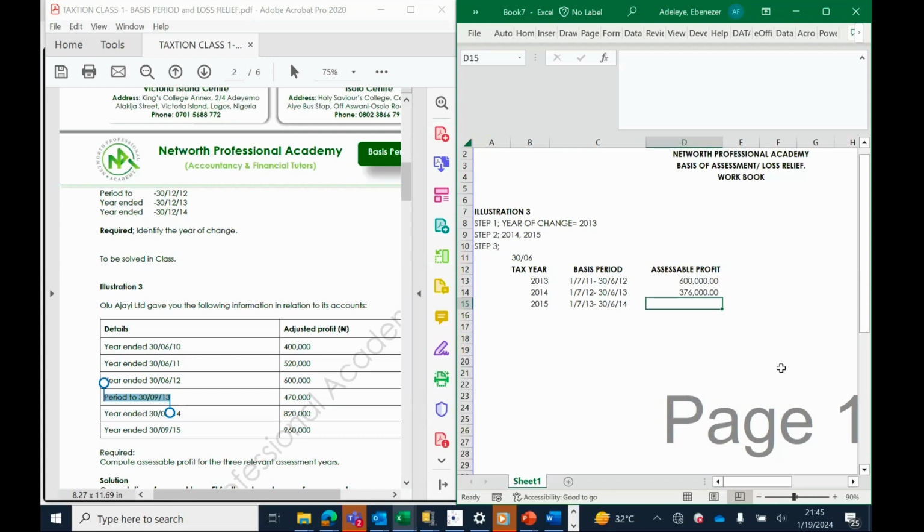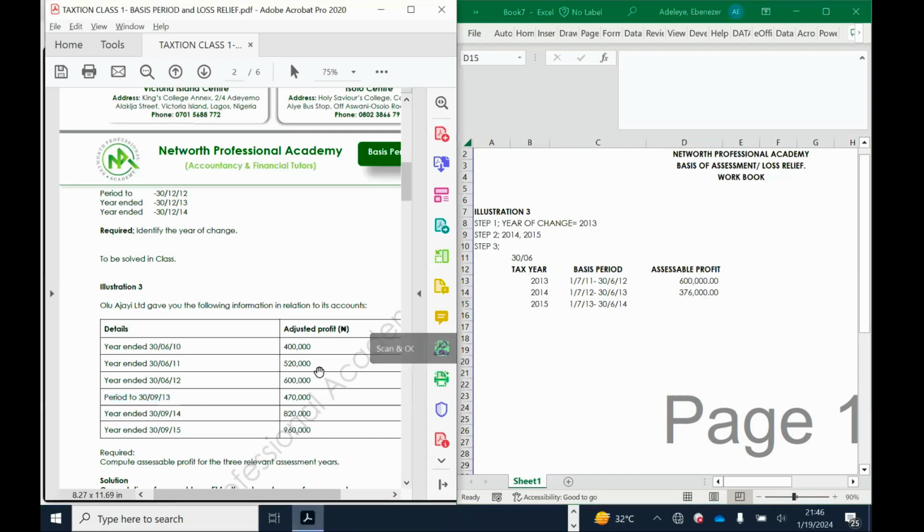For the last one, which is 2015, please let's all pay attention. We said the basis period is from 1st of July 2013 to 30th June 2014, right? So we have to figure out that particular year from what we have here. That period, 1st of July 2013, would have started immediately after this one ended.